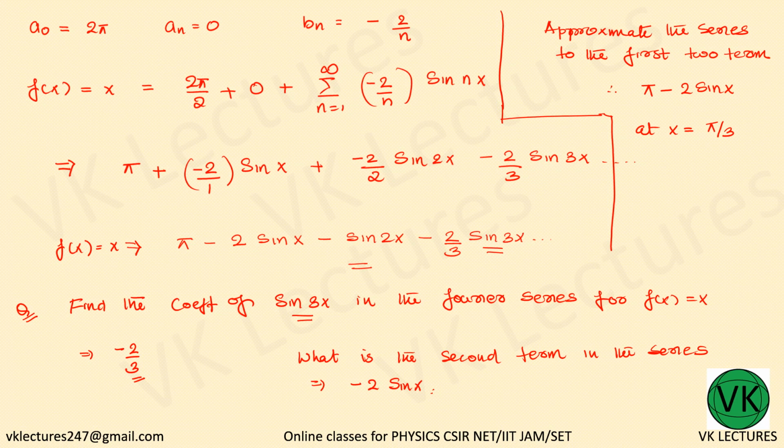So you have to find sine pi by 3, which is equal to root 3 by 2. So pi minus 2 root 3 by 2, that will be equal to pi minus root 3. So these are different kinds of questions that can be asked based on Fourier series.